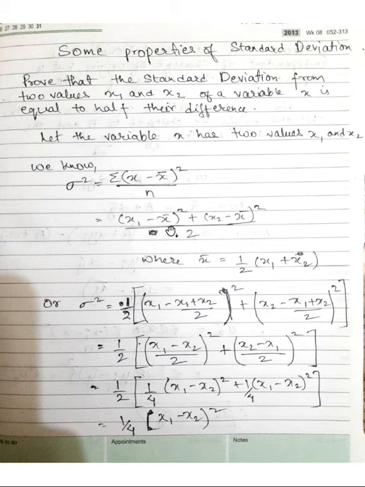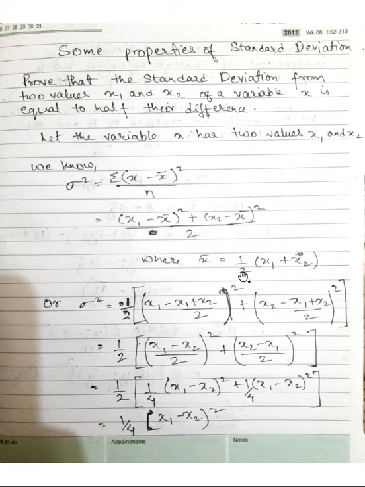Now as we discussed, x bar is the average of the two observations x1 and x2. So x bar will be equal to x1 plus x2 divided by 2. That is the simple form of taking the average or the mean.